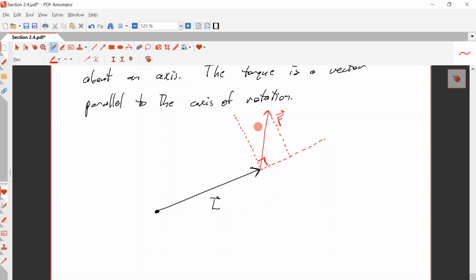If I drop down perpendicular this way and that way, this length is the length of F, and if we've got a theta in here, this length right here is F cosine theta. This length right here is the length of F sine theta.